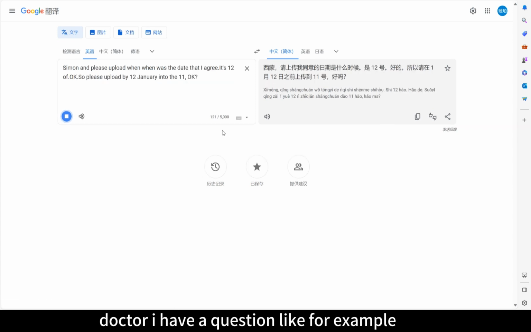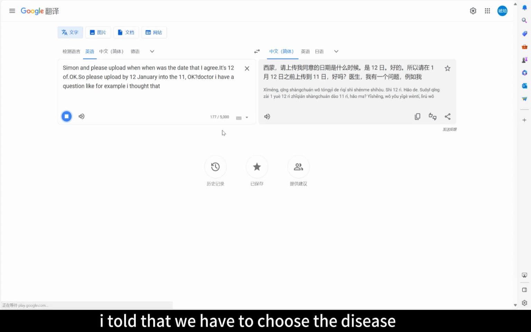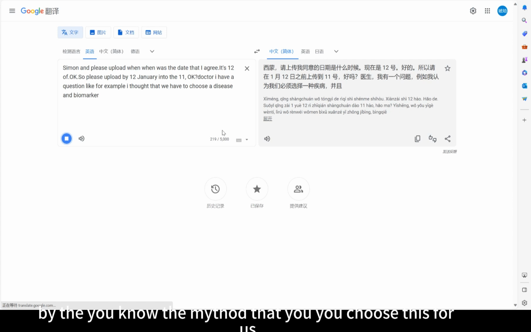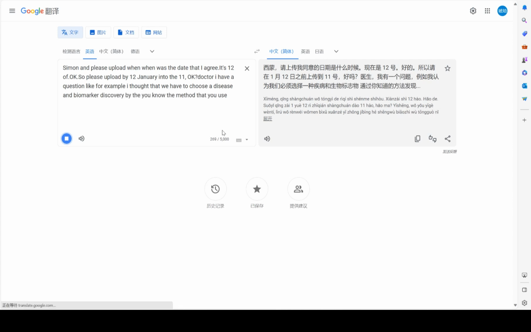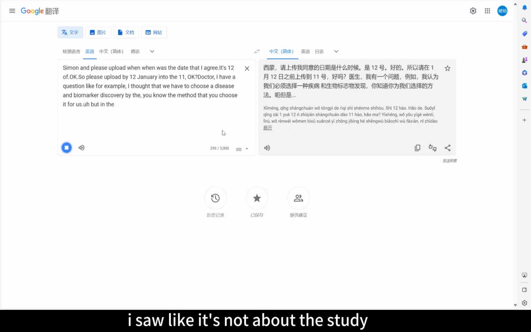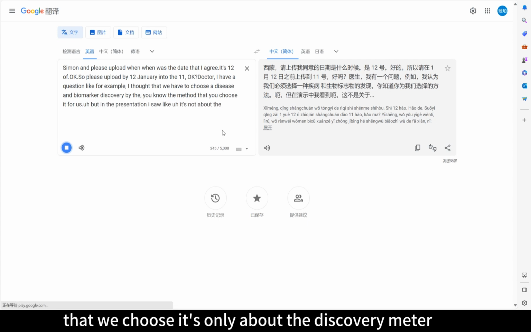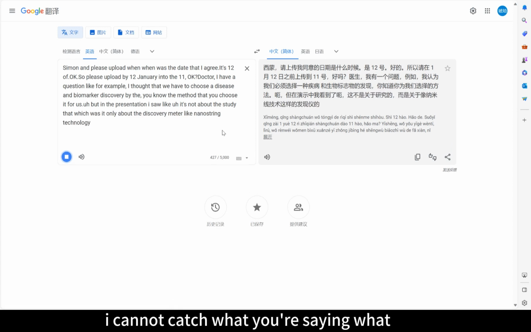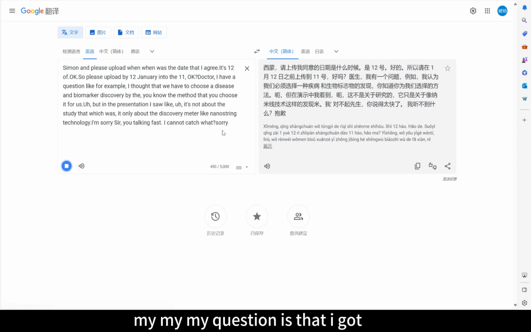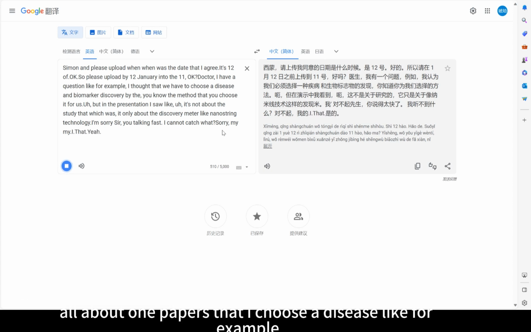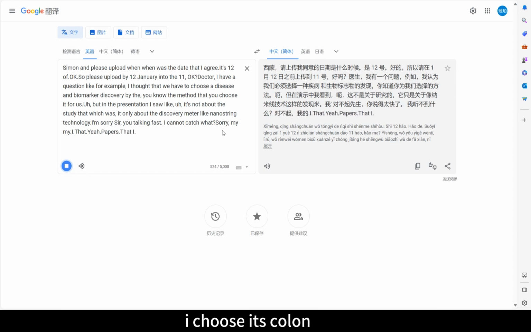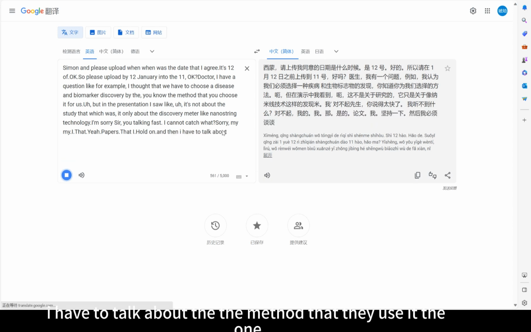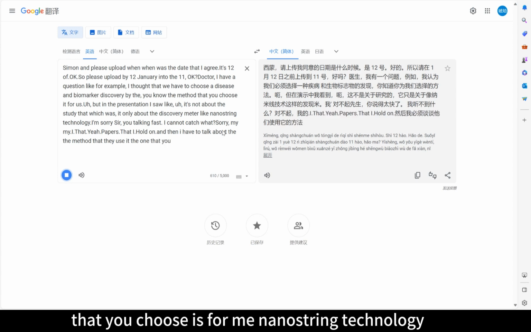Doctor, I have a question. I thought that we have to choose a disease and do biomarker discovery by the method that you choose for us. My assignment is going to be about one paper where I choose a disease, for example colon cancer, and then I talk about the method that they used, the one you chose for me, nanostring technology.